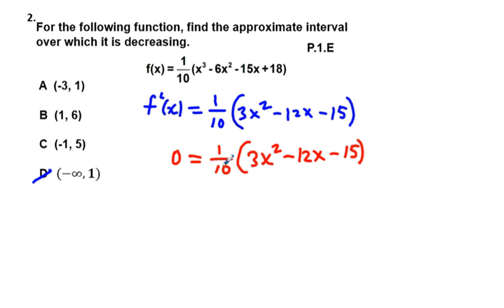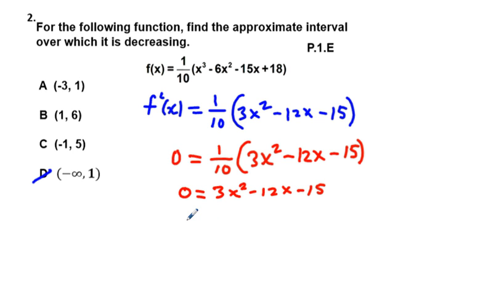And we're going to go about solving for x. First of all, multiplying both sides of this equation by 10, we have 0 equals 3x squared minus 12x minus 15. That's the thing about having one side set to 0. We can multiply and divide at will and not affect the 0 at all.